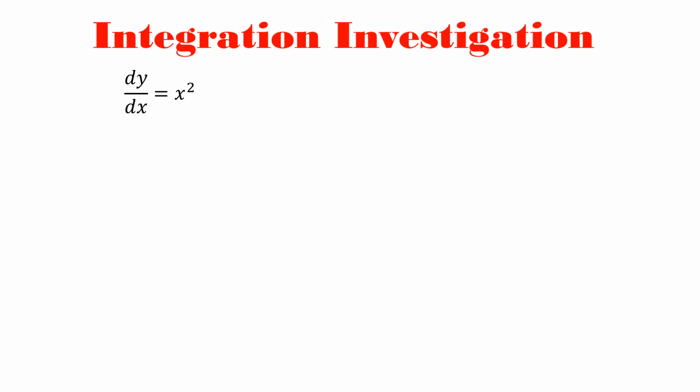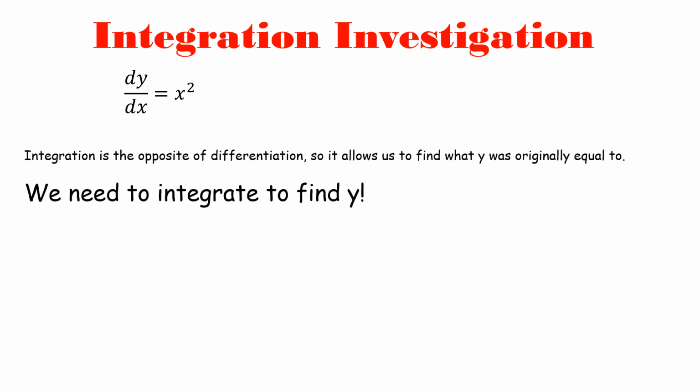It's not required, and most of you will probably have seen it. But we're going to work backwards with this dy dx. The first thing I do is bring this dx over to the other side. So we have dy is equal to x squared dx.